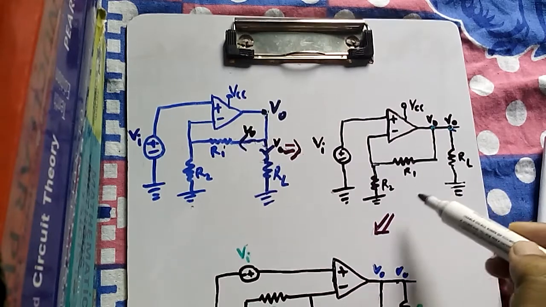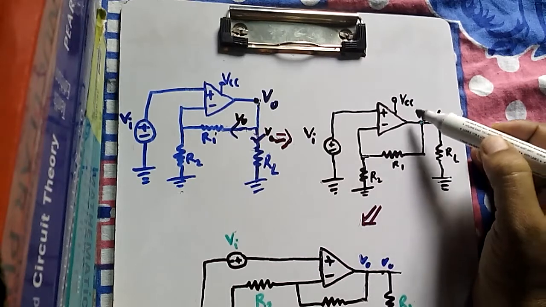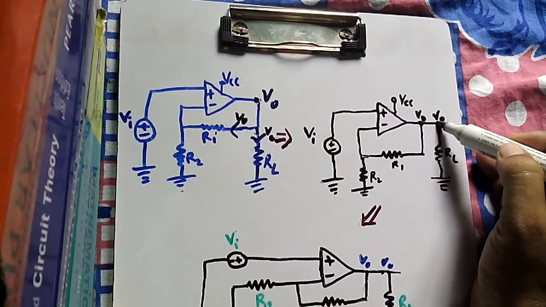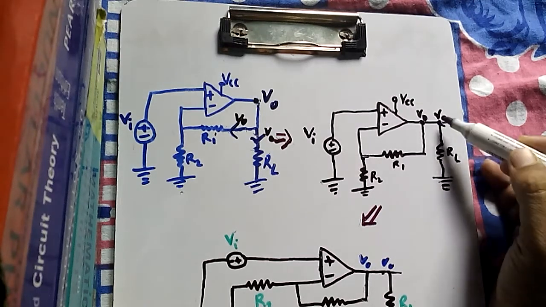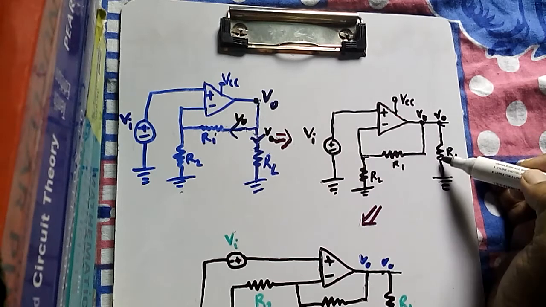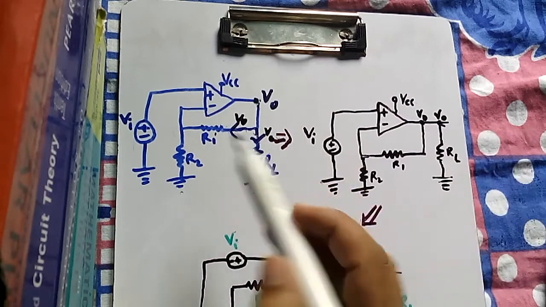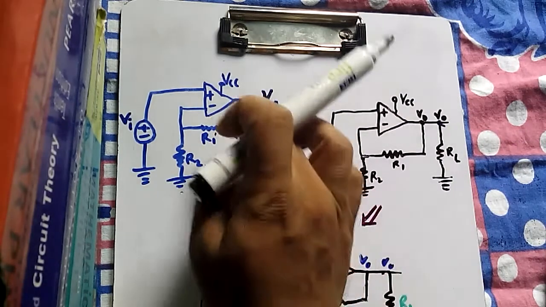Again for this circuit there will be output V0, and whatever the voltage is at this point would be the voltage at this point. So through this RL the voltage is again V0, the same voltage, and through this R1 it is V0, the same V0 going through R1 and through RL.